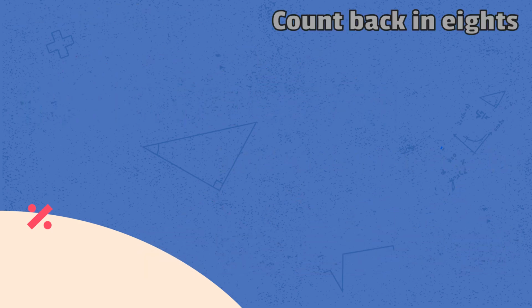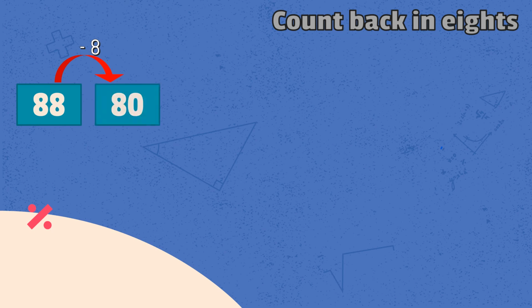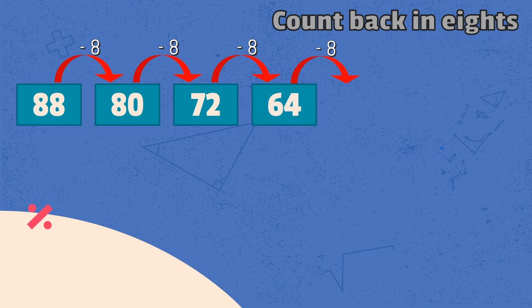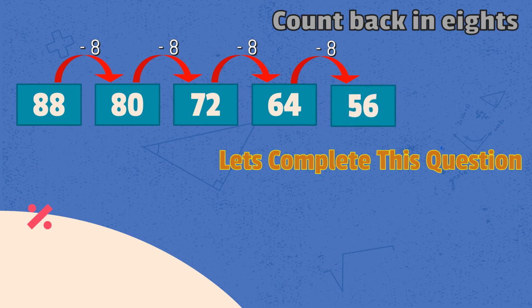Let's try a few more examples for count back. If the instruction tells you to count back in 8, that means you minus 8 becomes 80, minus 8 becomes 72, subtract 8 becomes 64, subtract 8 becomes 56. Let's try this question.